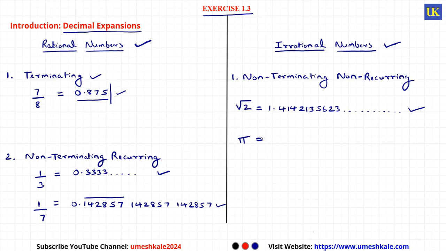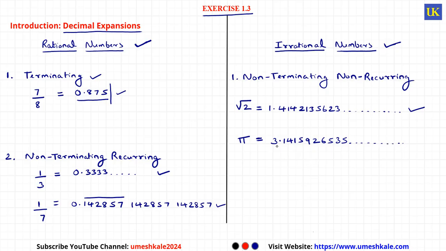Now there is another example, the example of pi. Pi is also an irrational number. Now if we see the value of pi, it is 3.141592, okay, 6535, and it will go on. It will go on like this only. It will not stop.